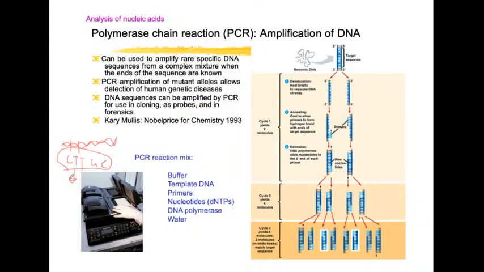I require them for any forensic reason or for my reactions, gel electrophoresis. There could be many applications of having a huge amount of DNA, and for that, PCR plays a role.